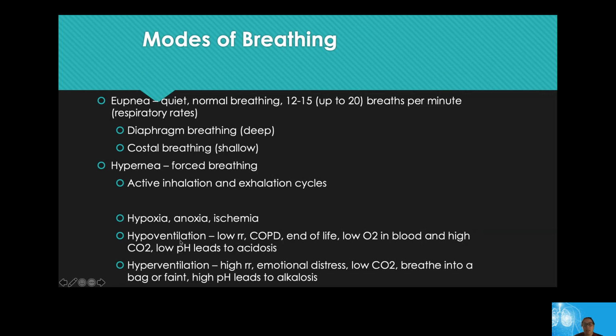First off, hypoventilation. A person who's not breathing very deep, or a person who's breathing only very shallow breaths and a very low respiratory rate, this could be a person who has COPD, or even a person who's at the end of their life. As a consequence of that hypoventilation, they're going to end up with low amounts of oxygen in their blood and a much higher amount of CO2 in their blood.